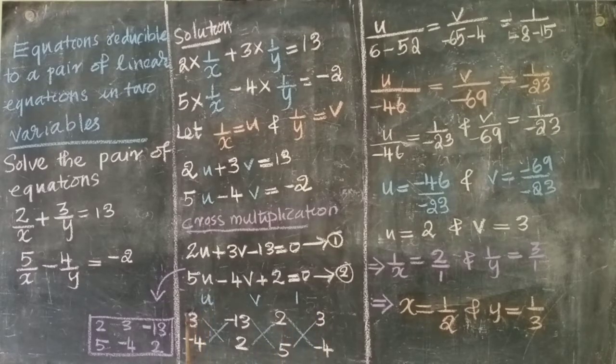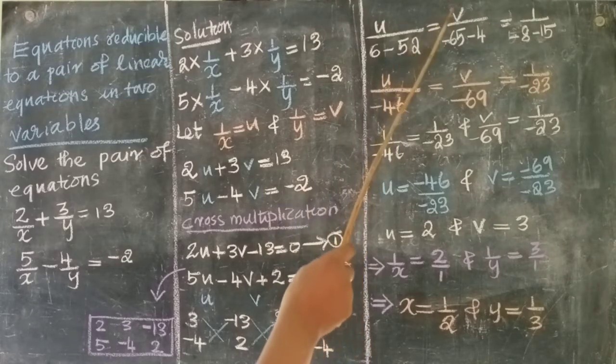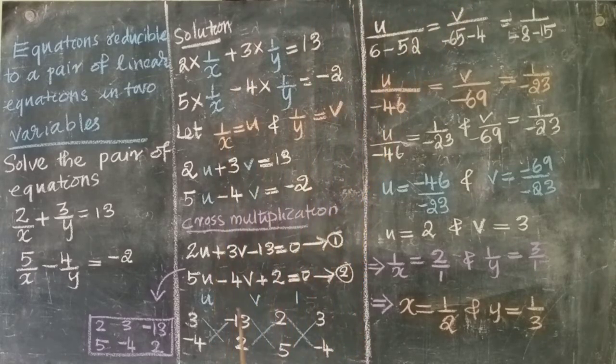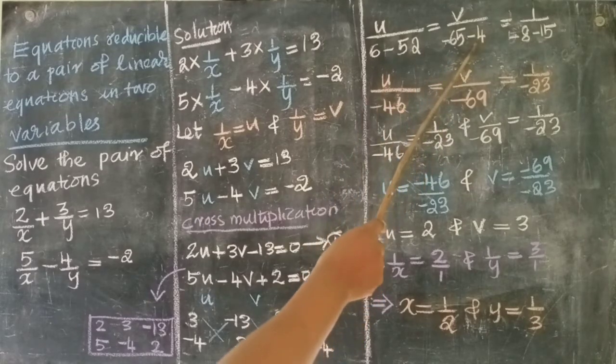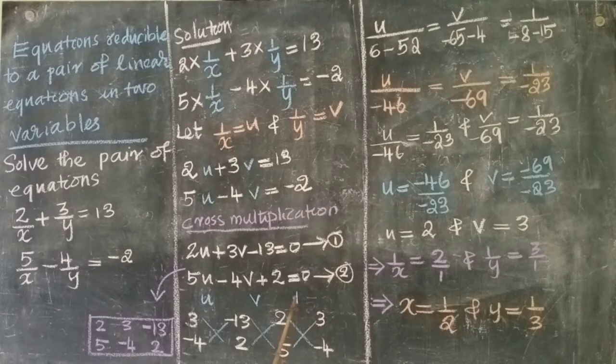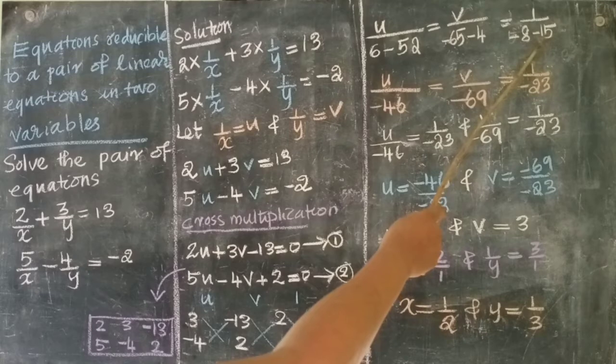Then u divided by 3 into 2 minus 4 into minus 13. 3 into 2 is 6, minus 4 into minus 13 is 52, equal to v divided by minus 13 into 5, which is minus 65, minus 2 into 2, which is 4, equal to 1 divided by 2 into minus 4, which is minus 8, minus 3 into 5, which is 15.